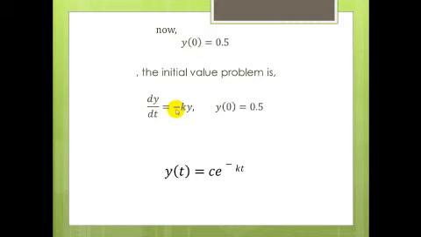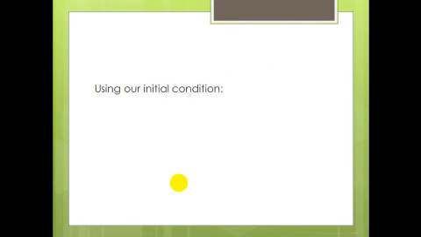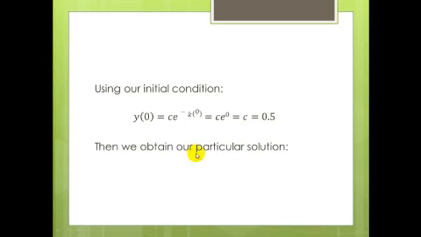For exponential decay, we have a general solution of y of t equals ce to the negative kt. Using our initial condition of y of 0 equals 0.5, we find that c is equal to 0.5. Substituting this to the general solution, we obtain y of t equals 0.5 e to the negative kt as our particular solution.